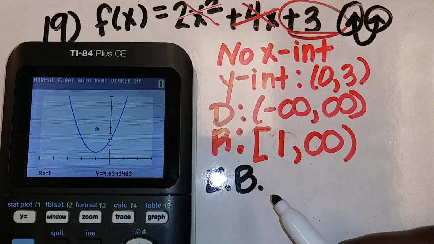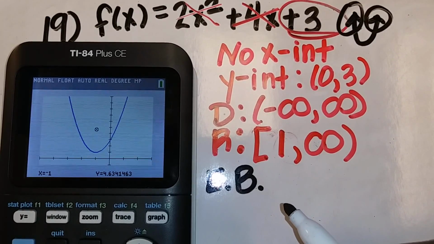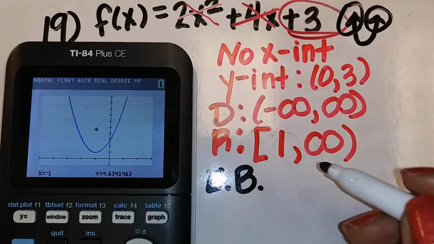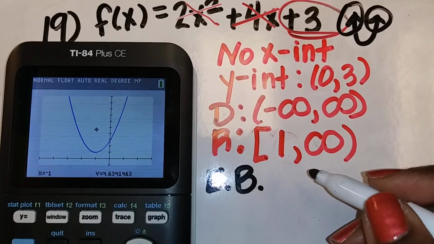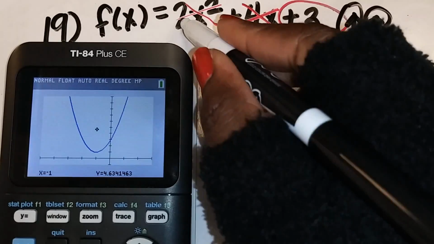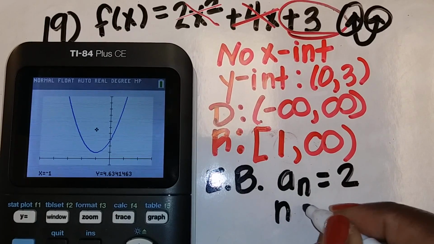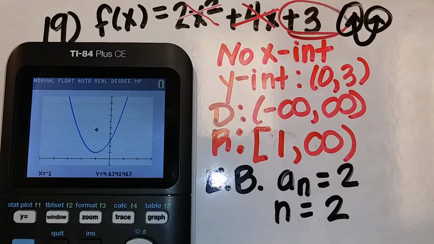If you look on page 257, it matches the third image. And we're only looking at the ends of the graph, not the in-between parts. Just what's going on at the ends. I can say that my leading coefficient is 2. My degree, which is my largest exponent, is 2.